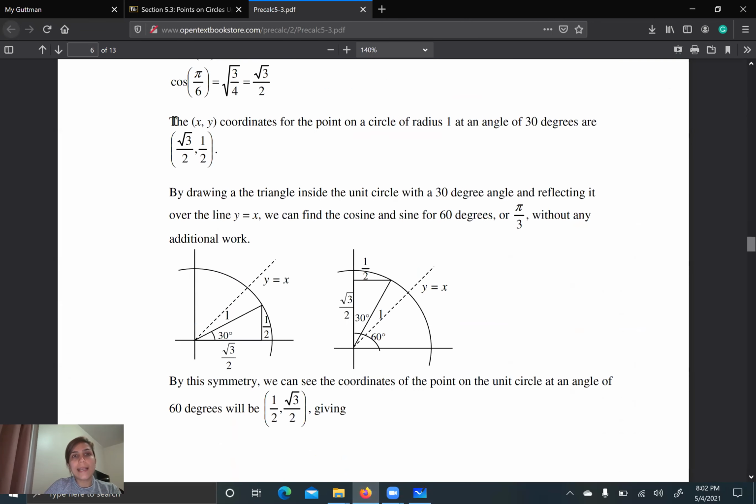So the xy coordinate for the point on the circle with radius 1 for the angle 30 degrees is x equals square root of 3/2 and y is half.